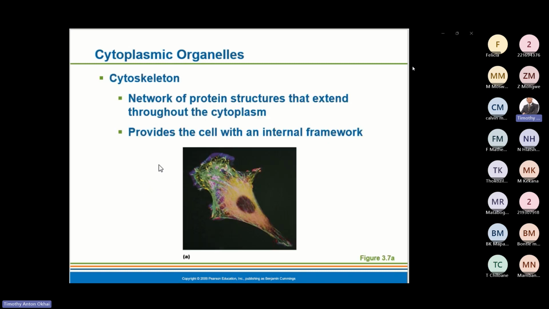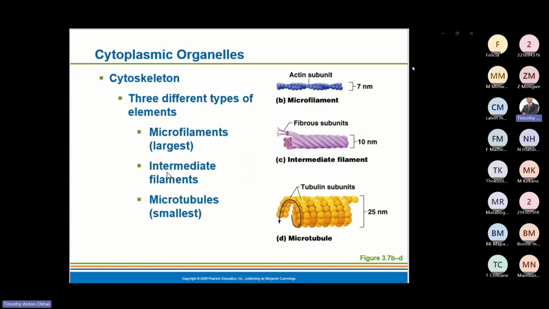Then we have the cytoskeleton. Cytoskeleton is a network of protein structures that extend throughout the cytoplasm, and they help to provide the cell with a kind of internal microskeletal framework. So here are different types of cytoskeleton elements, but I'll just skip that because that's not too important for us for now.